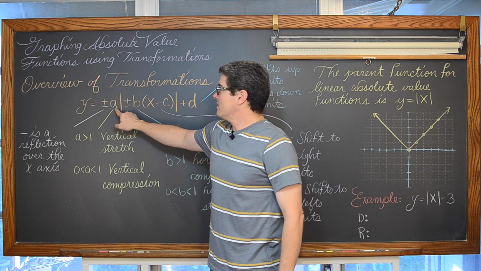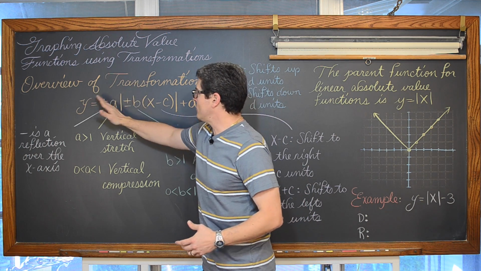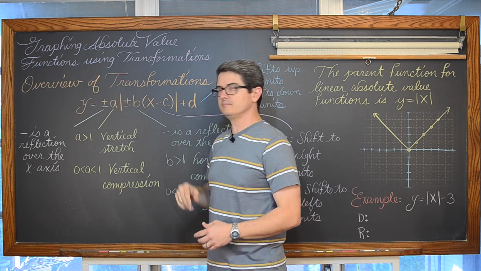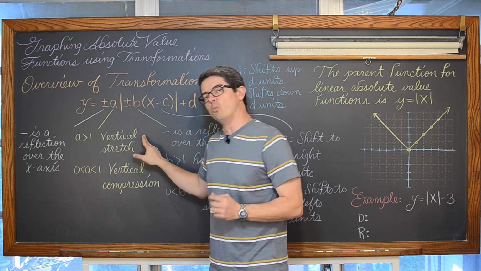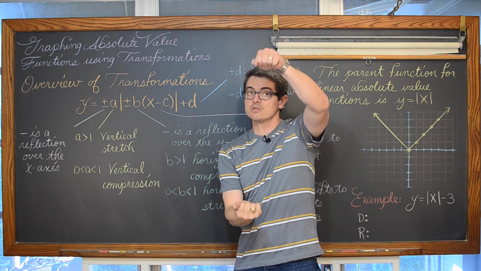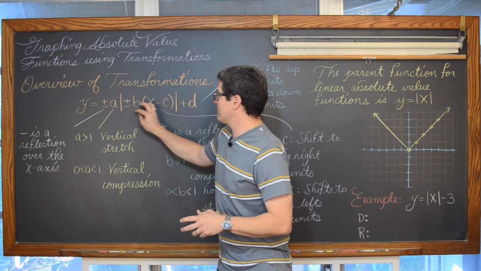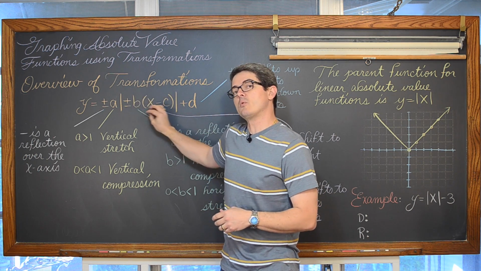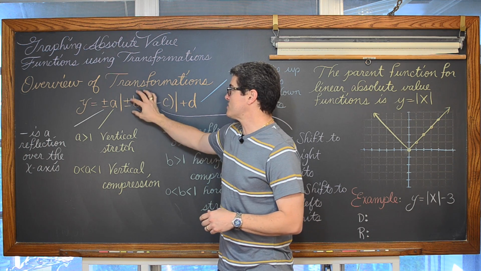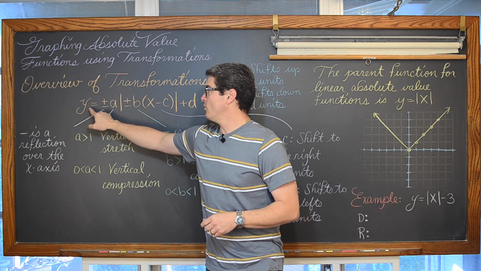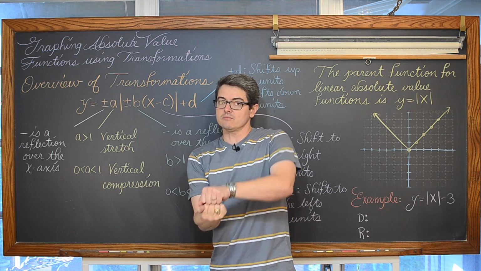If the leading coefficient in front of the absolute value function is greater than 1, we're going to have a vertical stretch. After we simplify everything happening inside this absolute value function, it's going to take what will eventually be our y values and pull them up.